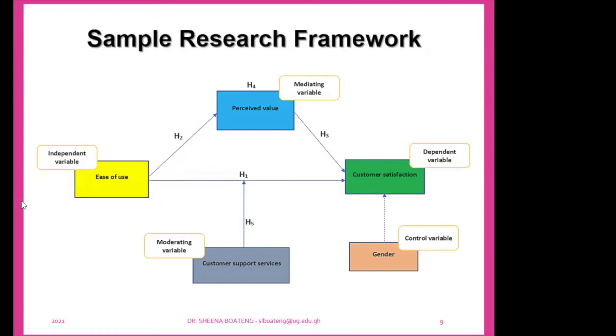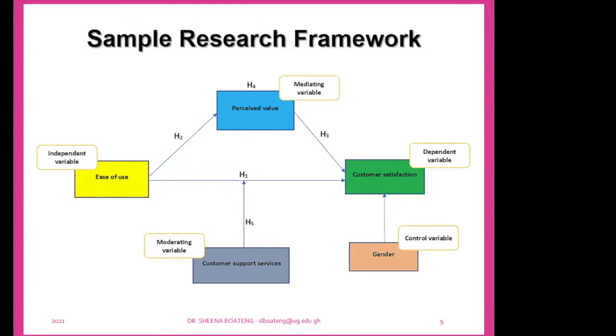Then we can talk about a mediating relationship, where we can say perceived value mediates the relationship between ease of use and customer satisfaction, because ease of use and customer satisfaction have perceived value directly in between them, such that ease of use has to affect perceived value in order to affect customer satisfaction. Does it make sense? Yes, madam.